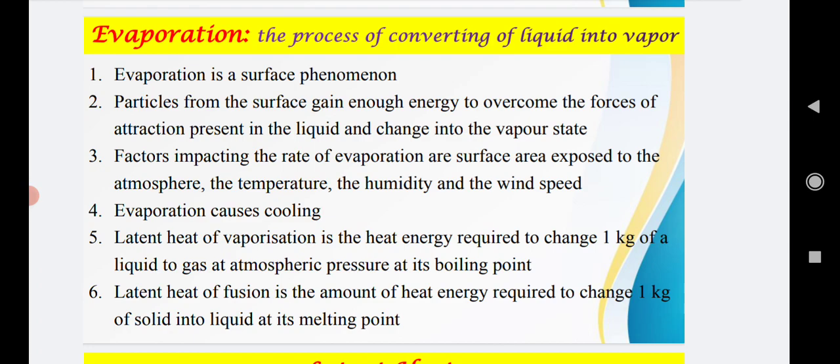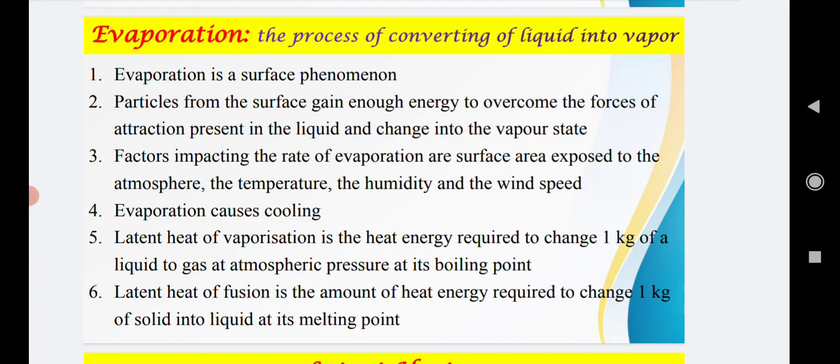The particles will collide or move so rapidly that the force of attraction between them will get reduced. And when the force of attraction is reduced, they can get spaced from each other as in gases. That's why liquid gets converted into gases. This phenomenon is called evaporation.